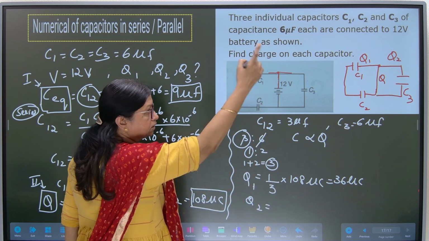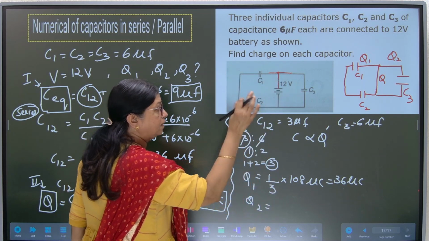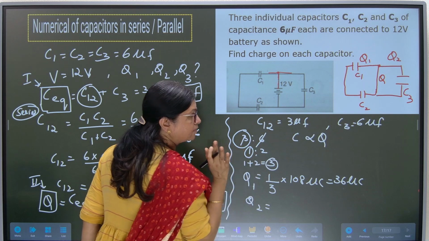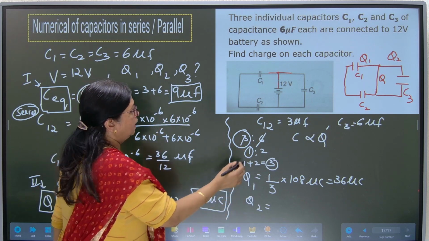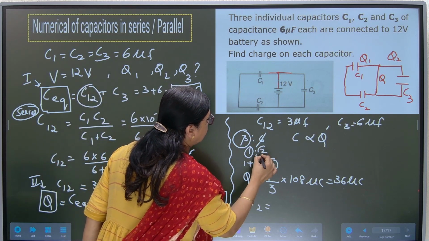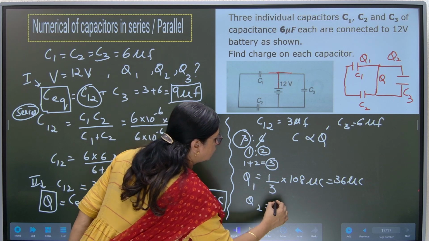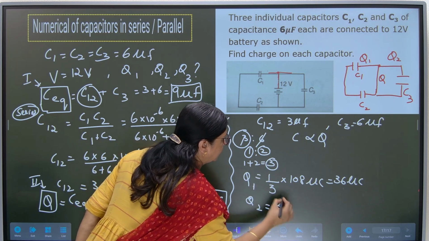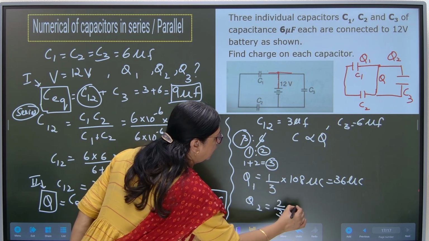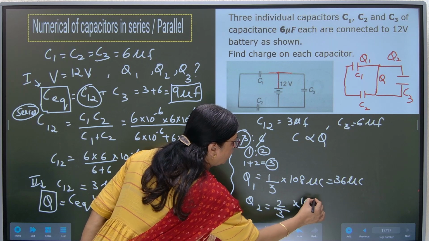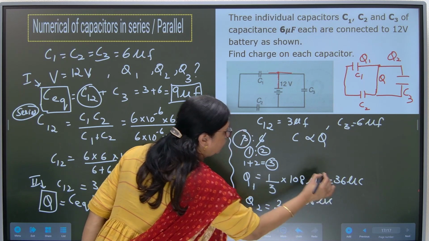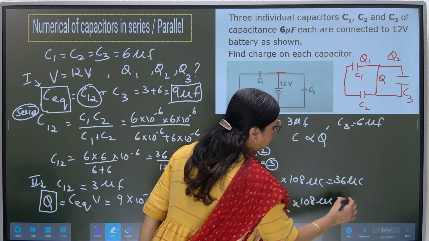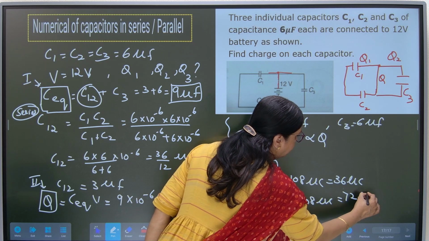Similarly, Q2, which is in that branch having 6 microfarads of capacitance, amounts to the ratio 2. So I write here 2 divided by the total, 3 into 108 microcoulomb. What is my answer here? 72 microcoulomb.